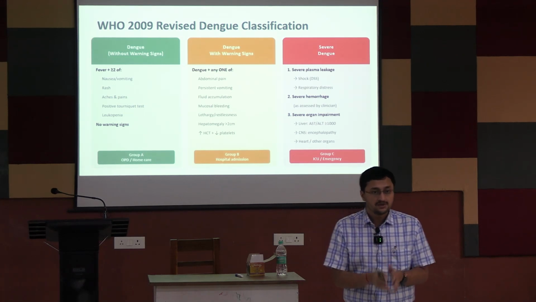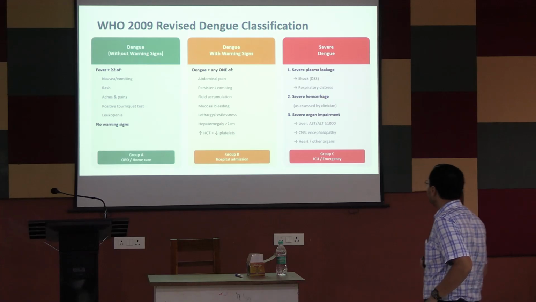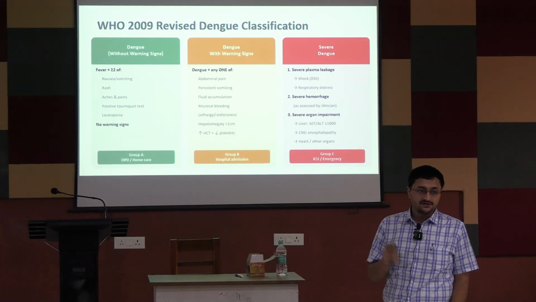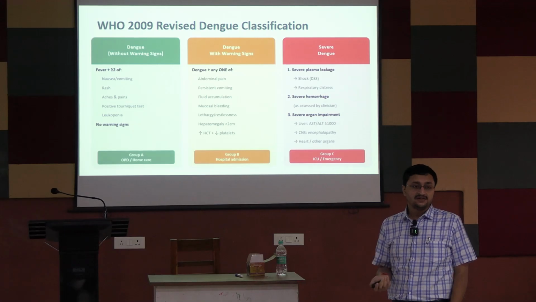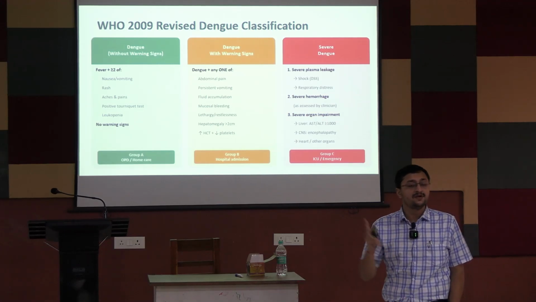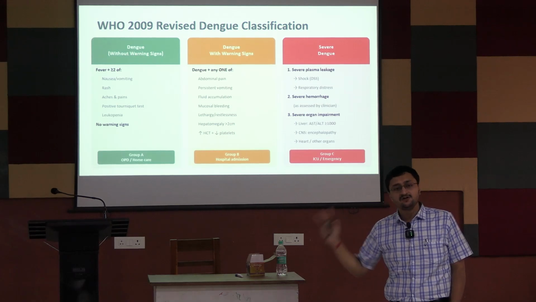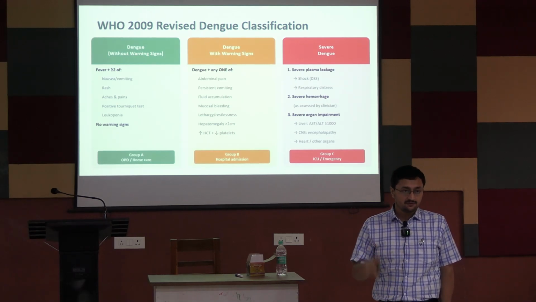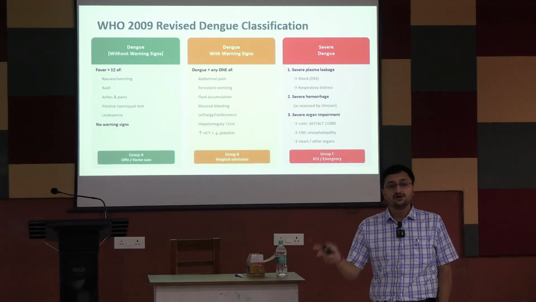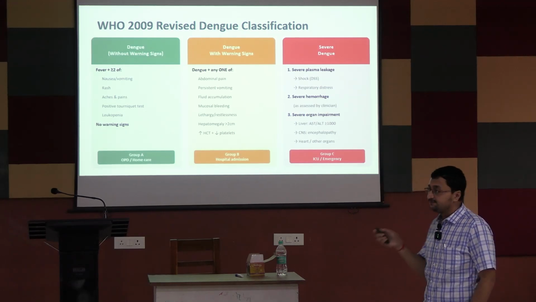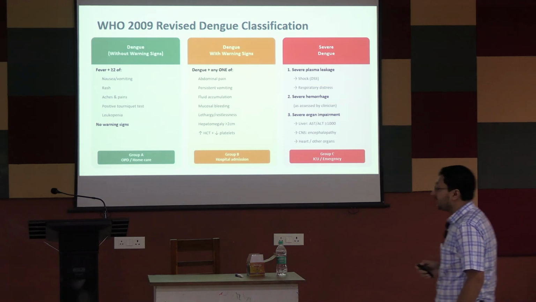So severe dengue is defined as severe plasma leakage that is manifested by dengue shock syndrome or hematocrit rise, hemorrhagic manifestations, that means dengue hemorrhagic fever, any kind of mucosal bleed or non-mucosal bleed as well, hematemesis, hemoptysis or hematuria, and the patient is presenting with severe organ impairment.